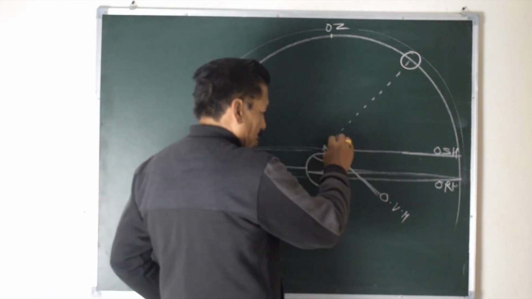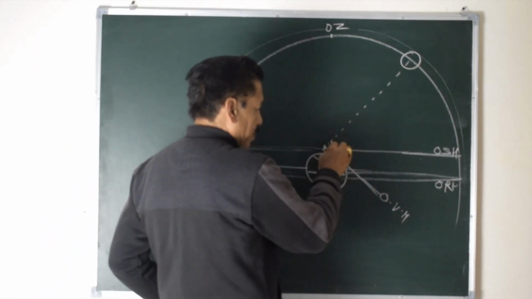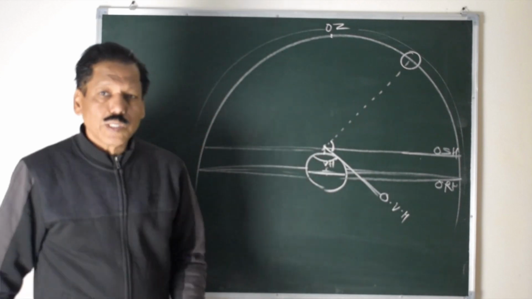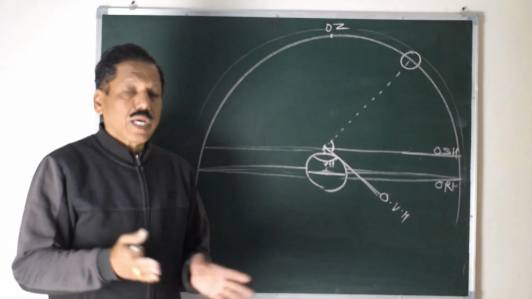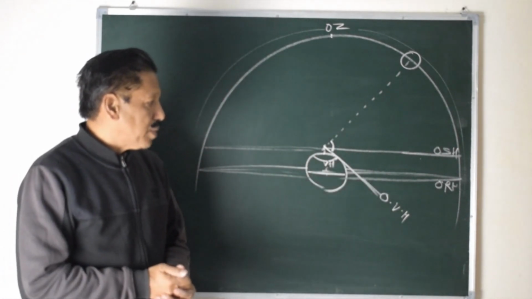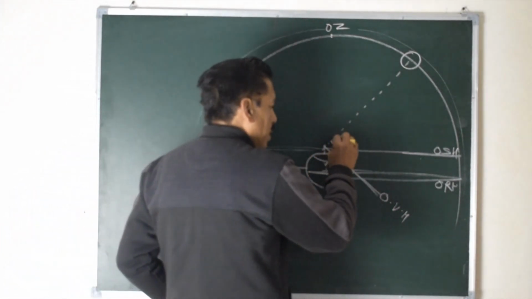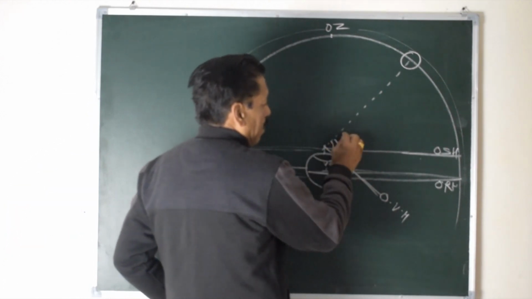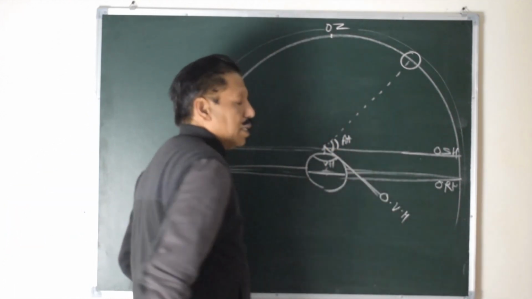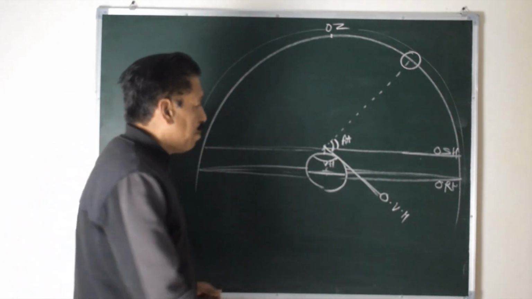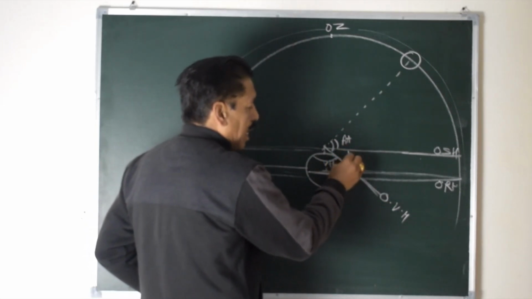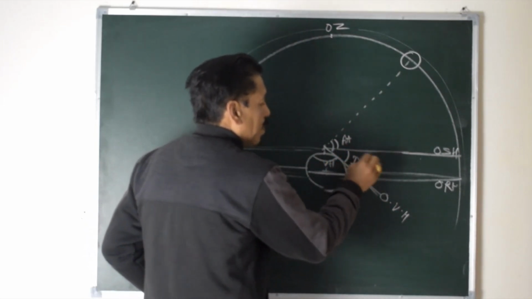So this becomes the observed altitude. Observed altitude can be sextant altitude corrected for index error. Now observed altitude is with respect to the visible horizon, but what would be this altitude? This is apparent altitude, and to find out apparent altitude I must subtract something, and this is dip.